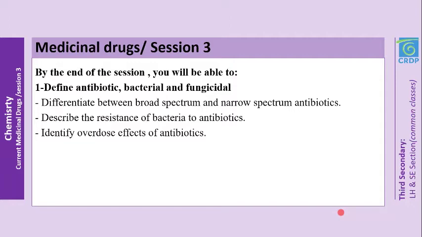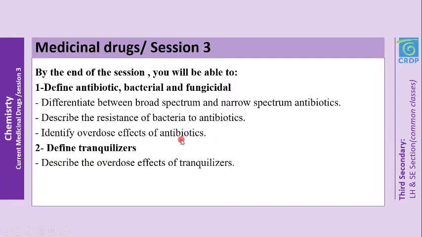Number 1. Define antibiotic, bactericidal, and fungicidal. Here, you'll be able to differentiate between broad-spectrum and narrow-spectrum antibiotics. In addition, you'll be able to describe the resistance of bacteria to antibiotics. Moreover, identify overdose effects of antibiotics.